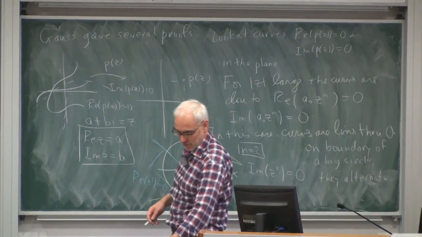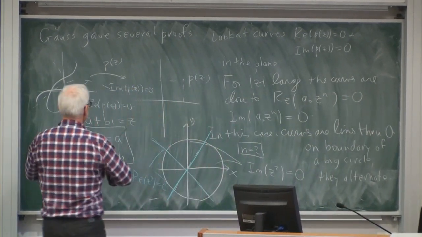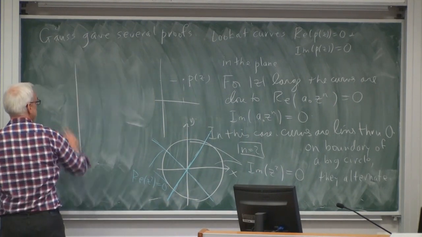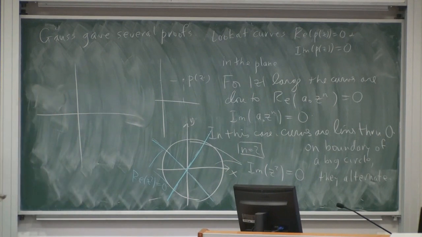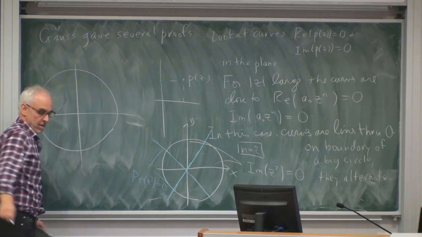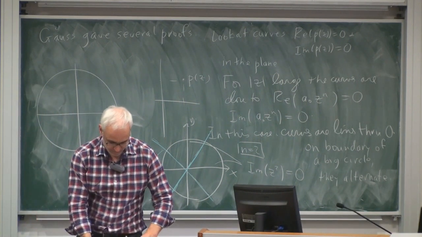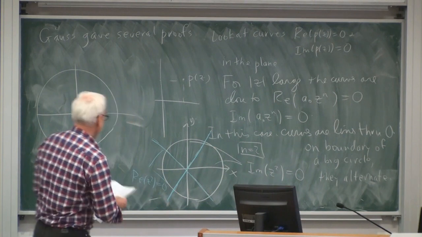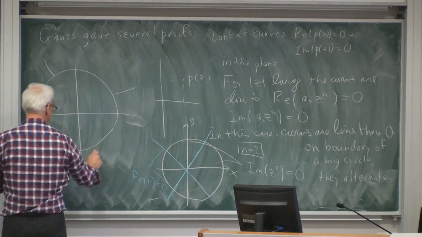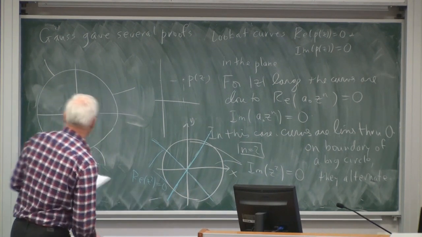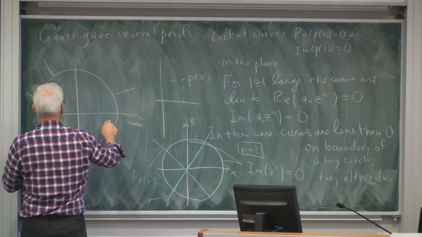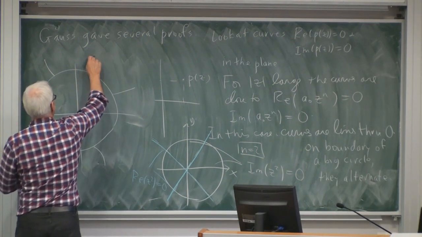Well, what happens closer in? So what Gauss has concluded is that if we look at these two kinds of curves, then outside a big circle we get a picture that looks something like this. We have some white curve, and maybe another one there, and this one will be blue.